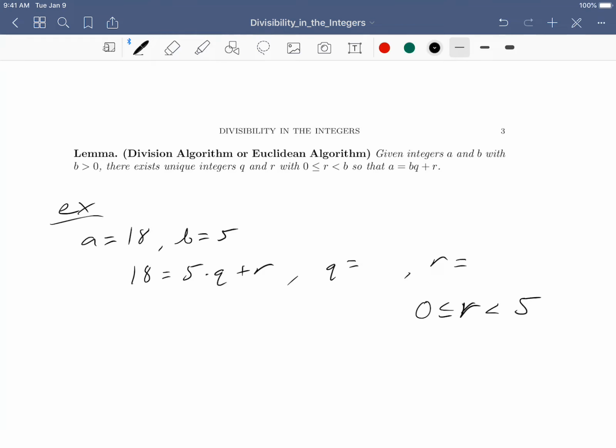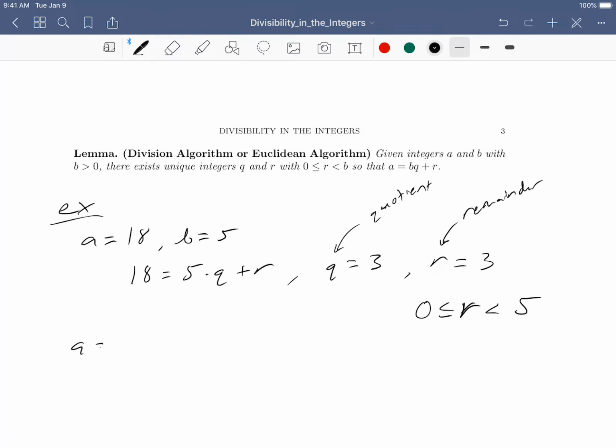So what are these things? The letter r we're using because it stands for remainder, and the letter q because we're thinking of it as the quotient. All we're doing is talking about a division equation here. We're saying that 18 is 5 times 3 plus a remainder of 3. And notice that that 3 is between 0 and 5, the way we wanted it to be.